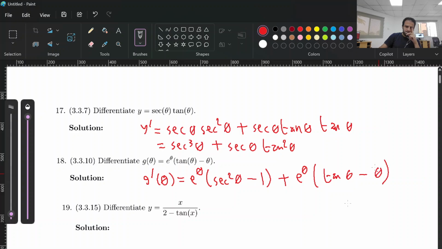Good. Now we can take e to theta as common factor if we want to simplify, or keep the answer as it is, no problem. So secant squared theta plus tan theta minus theta minus 1.